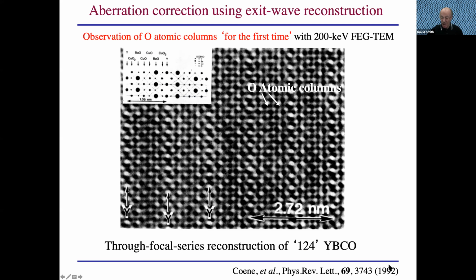And so here is, in 1992, Kuna and colleagues with a 200 kV FEG TEM, taking a focal series. They were able to look at this yttrium barium copper oxide, and they were able to see oxygen atomic columns in the presence of high Z atoms for the first time.